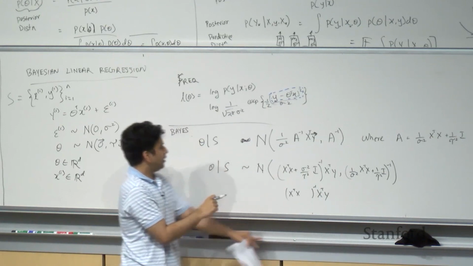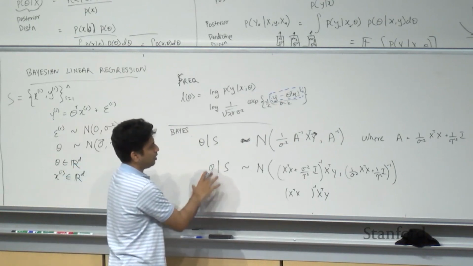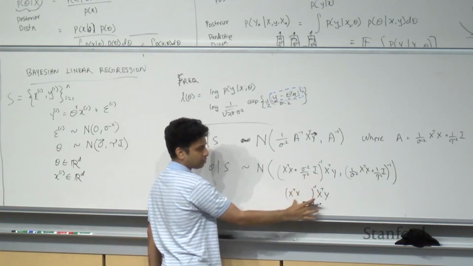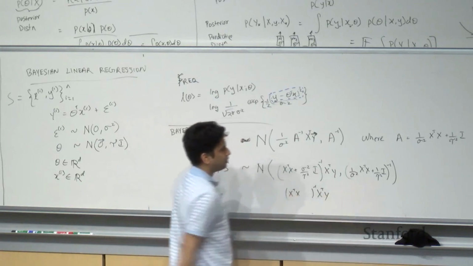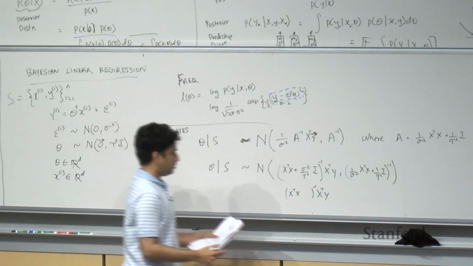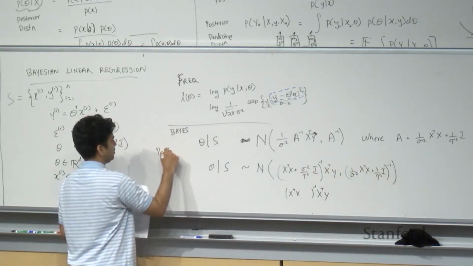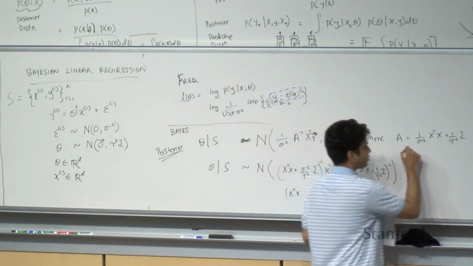So theta given S in the Bayesian setting is now a distribution that is centered around this value, which is very close to the maximum likelihood estimate, and has some variance over here. And so this was the posterior. And next we construct the posterior predictive distribution.